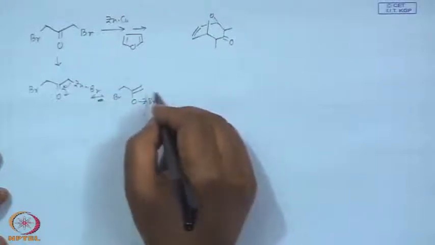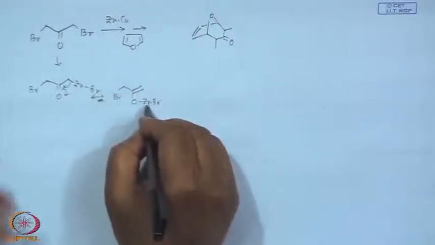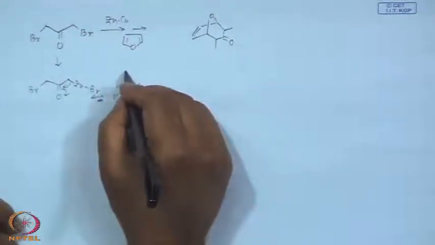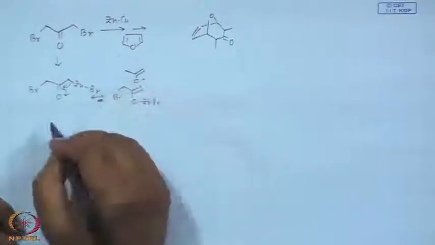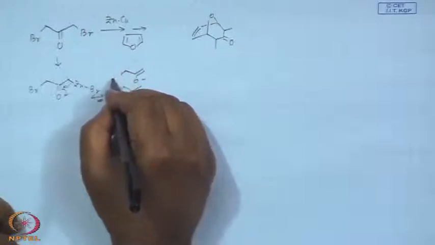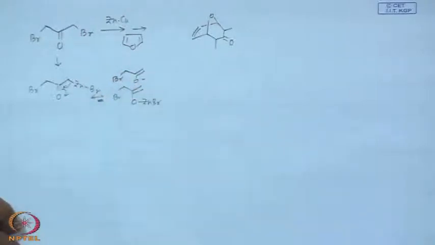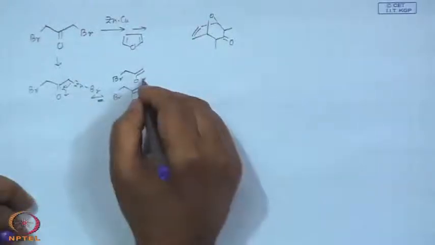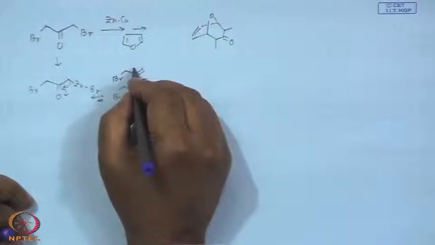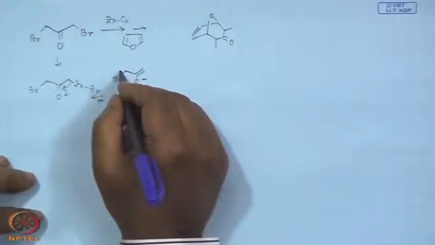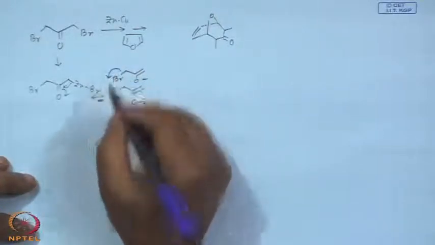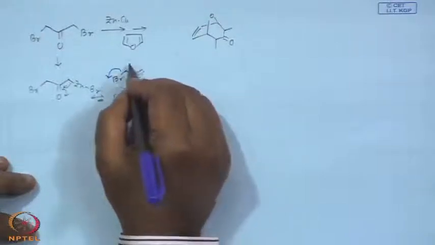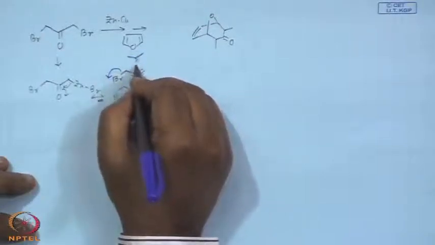Now, all of us know that oxygen zinc basically means an oxyanion. So, it is equivalent to an oxyanion here, and then you have a bromine. Under these reaction conditions, if you have a polar solvent, you are likely to get a cation of this kind.